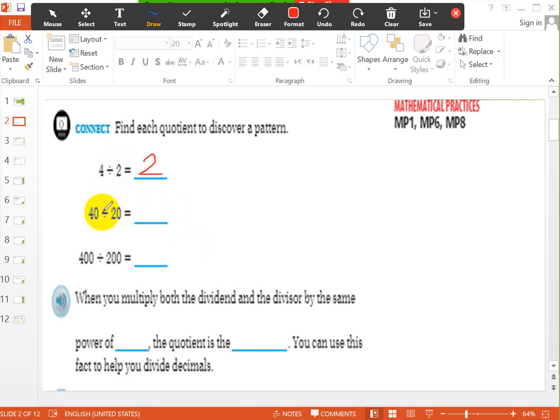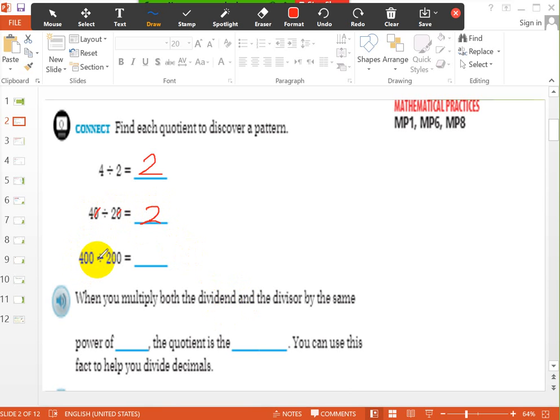Now, what about 40 divided by 20? When I want to divide two tens numbers, I have to erase the 0 here with this 0, and then I will divide 4 by 2, so the answer will also be 2, right?